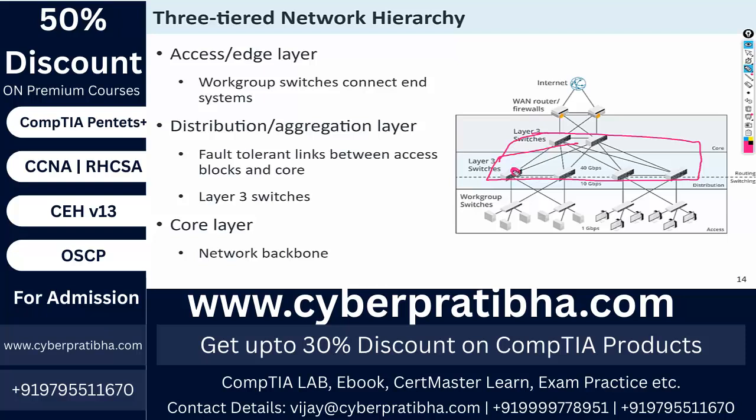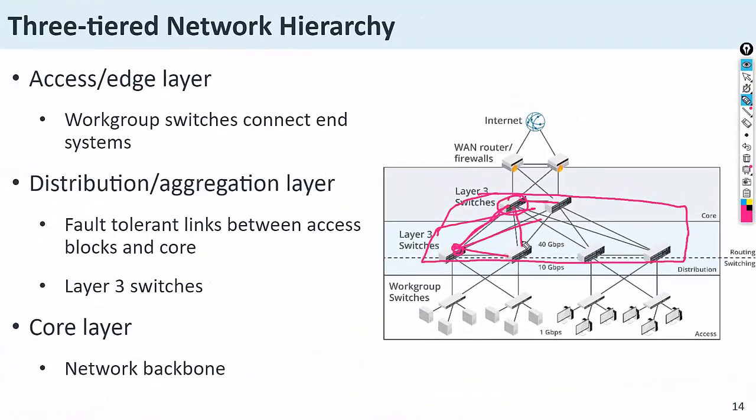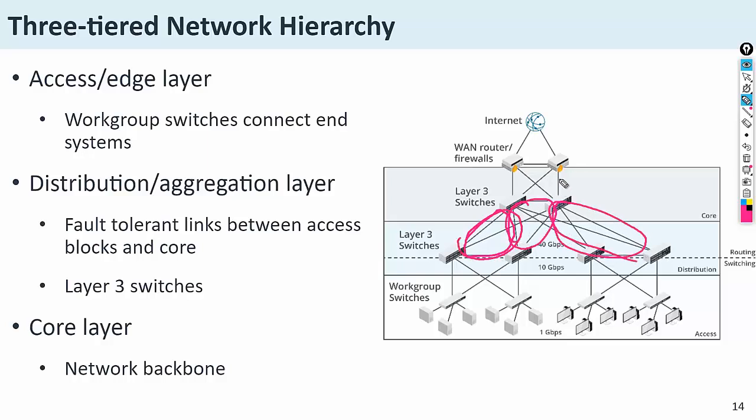This switch will broadcast the data, this switch will broadcast the data, again this switch will broadcast the data. So one loop will be generated, like this, and multiple loops will be generated. You can see there are multiple loops.